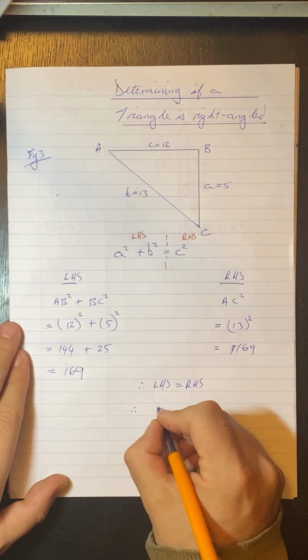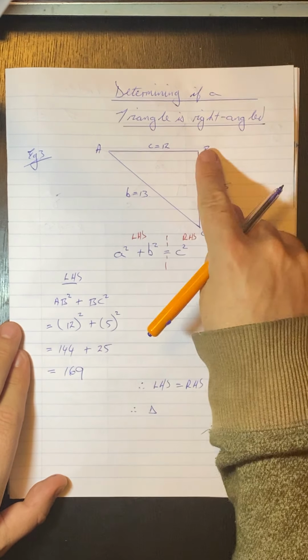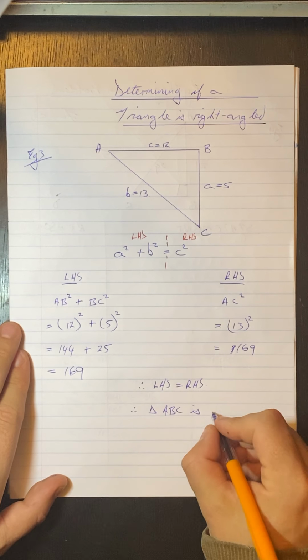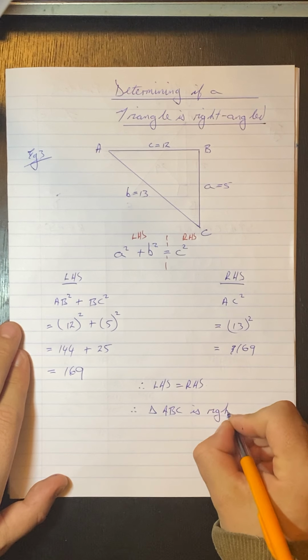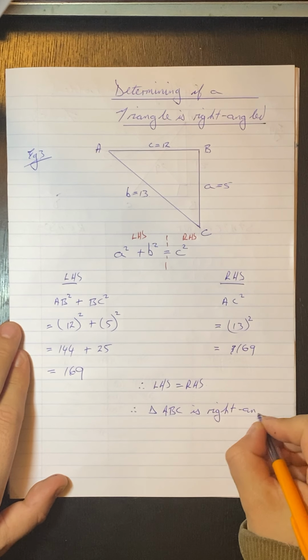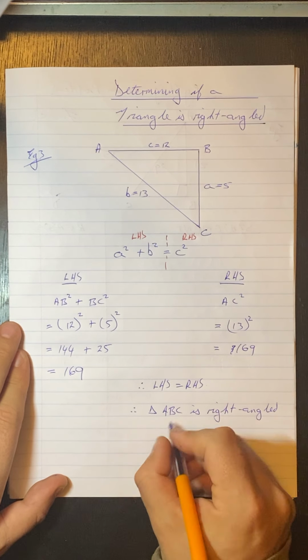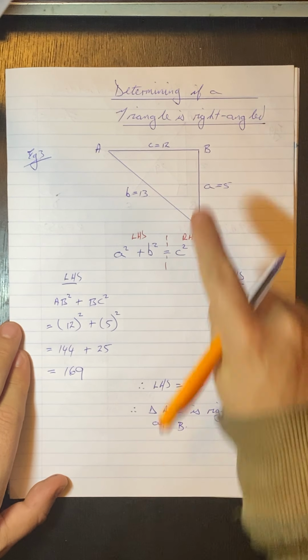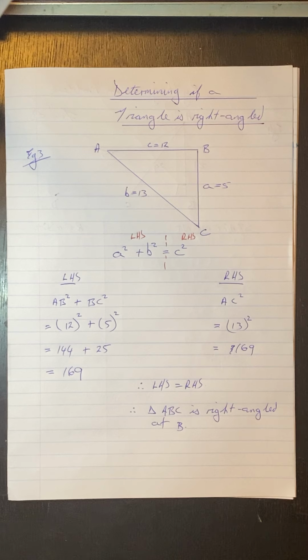Therefore, triangle ABC is right angled at B. Okay, so your B will be your 90 degrees. All right, going on to the next example.